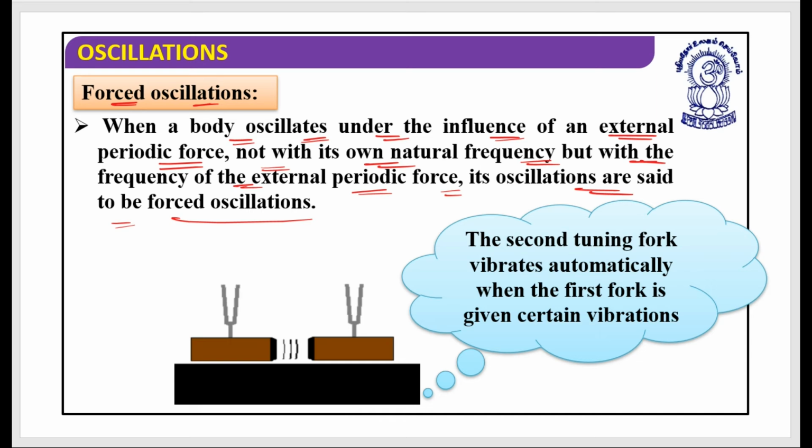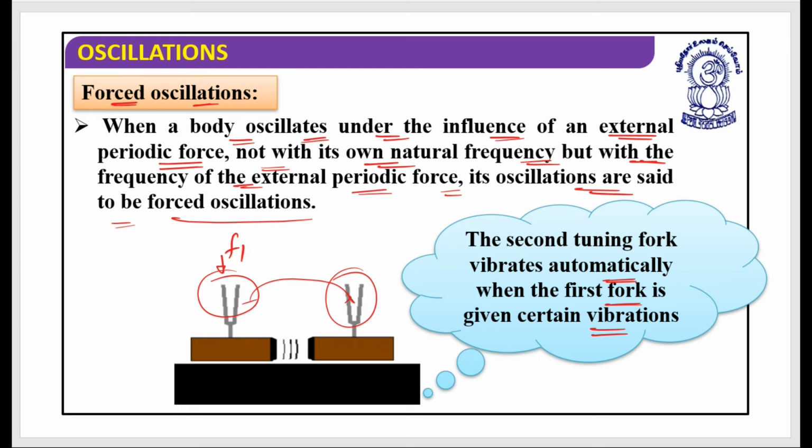You can see that we have applied a certain vibration, a certain external effort, to this tuning fork. It's tuning fork 1, and it is vibrating due to this force. The second tuning fork vibrates automatically when the first fork is given a certain vibration. This is what we call forced oscillations.